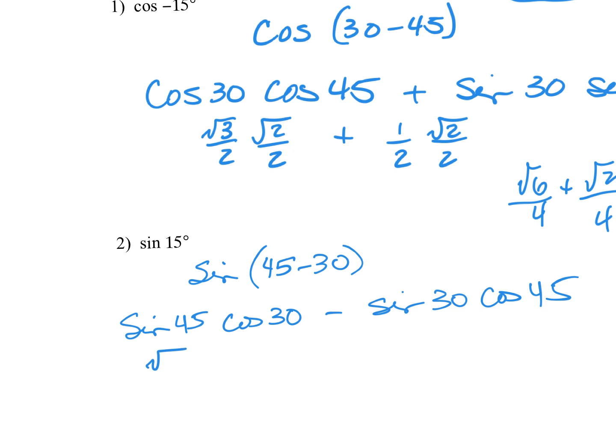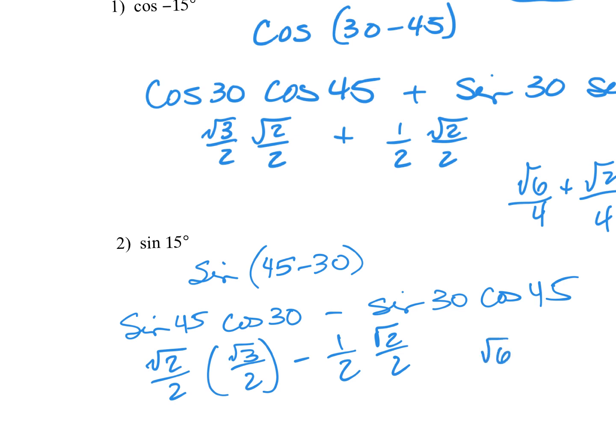So the sine of 45 is root 2 over 2. The cosine of 30 is root 3 over 2, minus sine of 30 is 1/2 times root 2 over 2. And you'll get root 6 minus root 2 over 4.